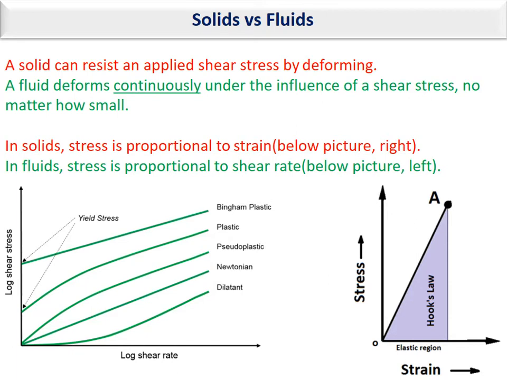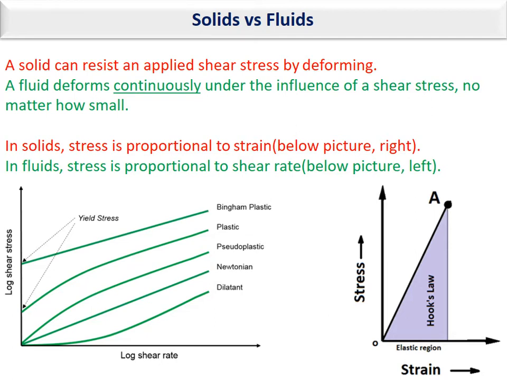The next thing is that in solids, the stress is proportional to the strain. You can see in the right picture Hooke's law. You know that in the elastic region there's a linear relationship between stress and strain. For fluids, the proportionality is not like solids.